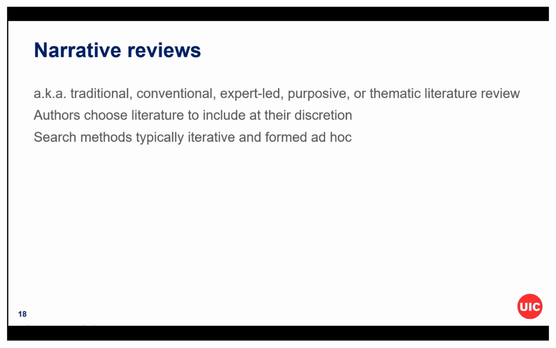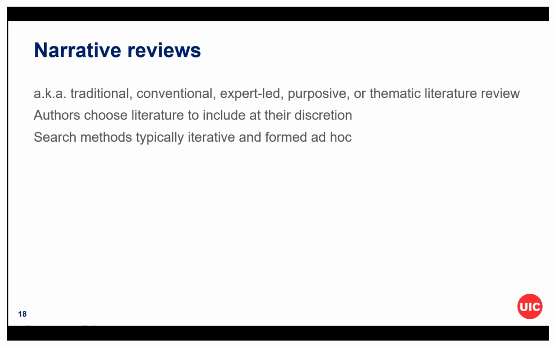So the first type is probably one you're really familiar with, a narrative review. What they do is identify key information relevant to a topic, assess the status or quality of existing research, critically examine support for alternative theories or arguments, and evaluate research methods used in previous studies.